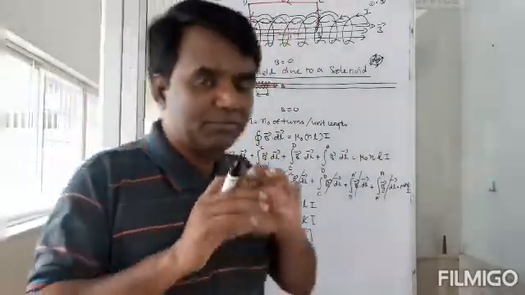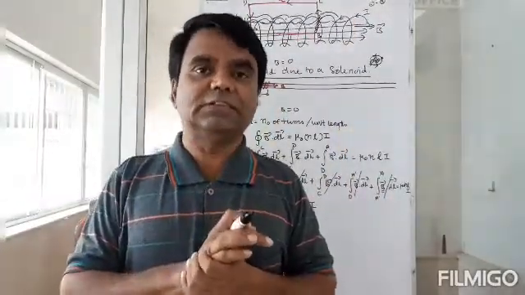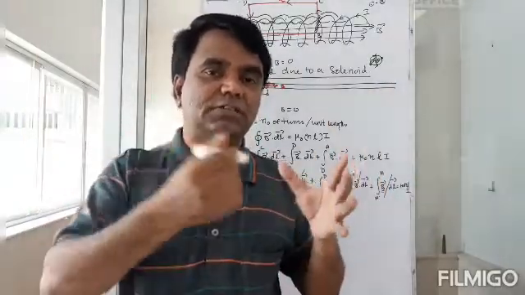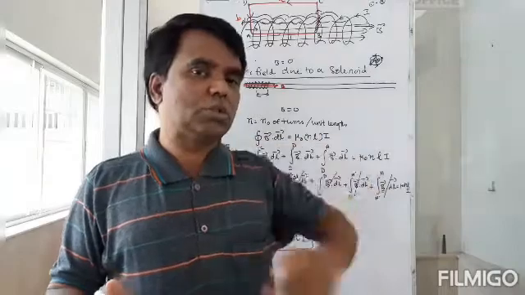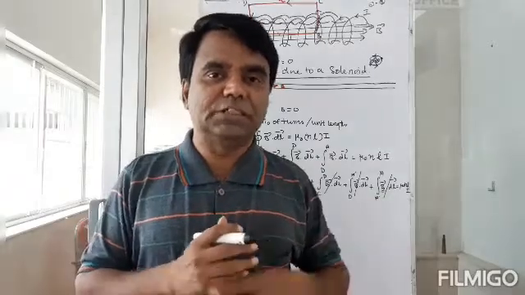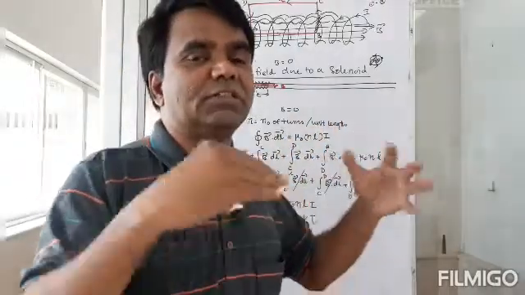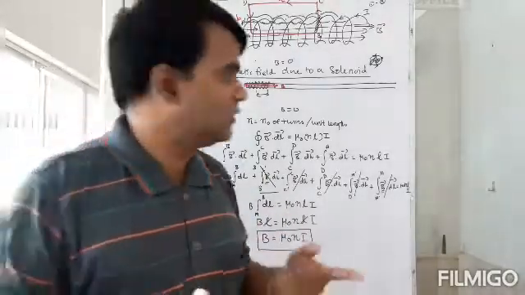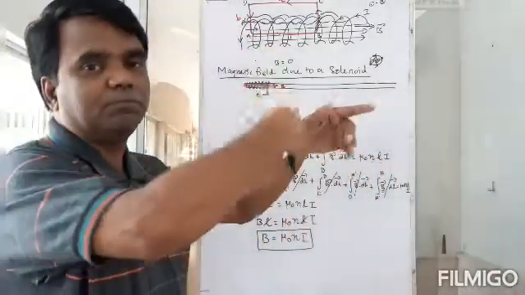And for that you are imagining a rectangular surface, and you consider the solenoid to be piercing through the surface. So you do a closed loop integral B dot DL of this open surface, and we're going to equate it to mu naught times the amount of current piercing through the surface. Even though I is a current which is flowing through the solenoid, we cannot take I straight away, because you have to take the number of times it is piercing through the surface, right?